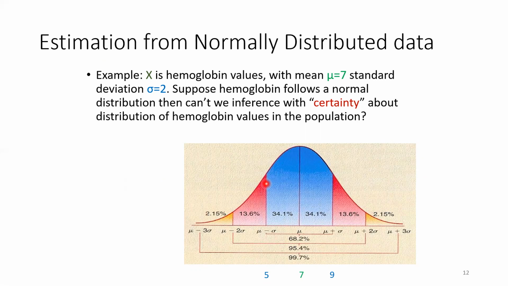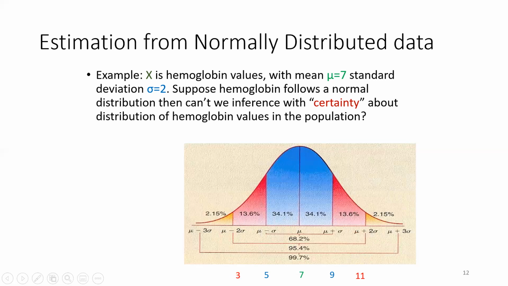And if I add mu plus 2 sigma, mu is fixed, and sigma is also 2. So 2 times 2 is 4, and you can also see from the negative side 2 times 2 is 4. So mu plus 2 sigma, that is 7 plus 4, is equal to 11, and 7 minus 4 is equal to 3.